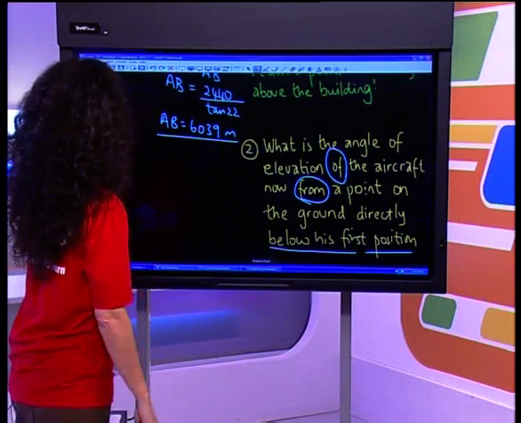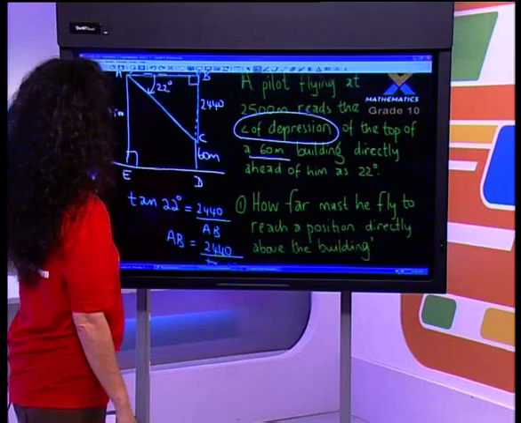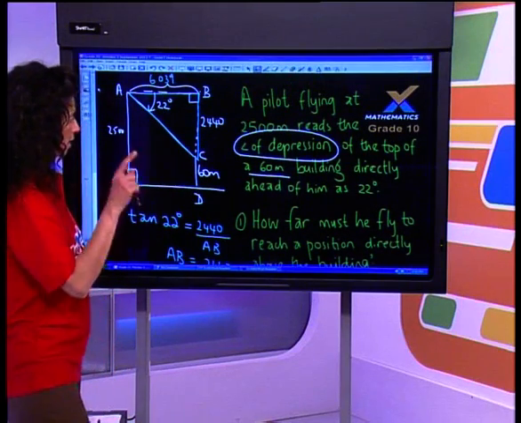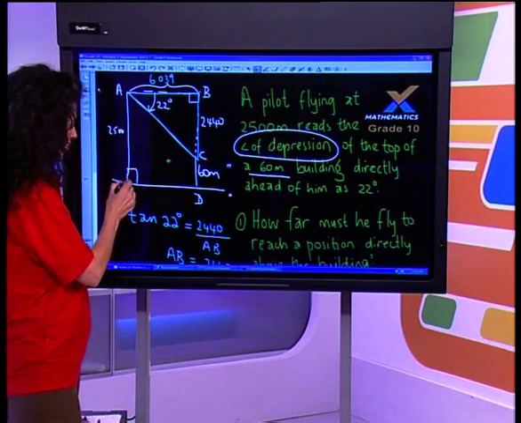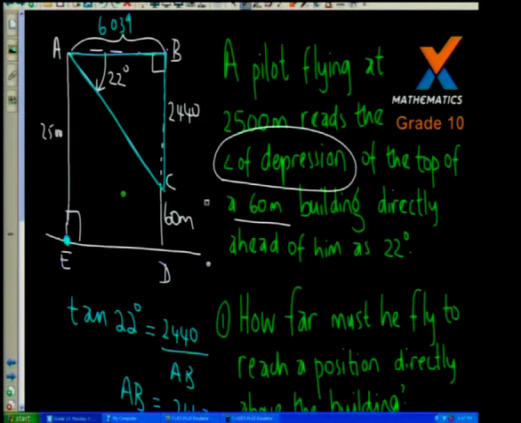Let's go back to the picture. Okay. On the ground, the first position would have been at position E. And so we've now got that we're looking at the aircraft's new position. Its new position is at 6,039 meters. And so we would like to know what that angle is because we are elevating, so we are looking up.